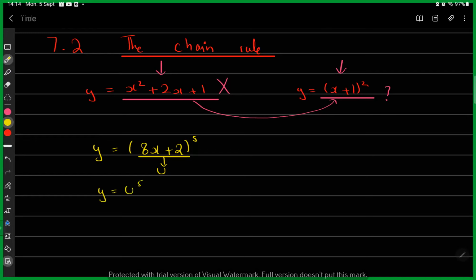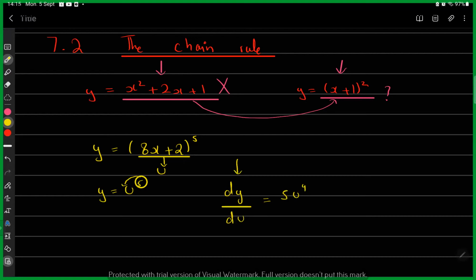And now I certainly know how to differentiate y equals u power 5, right? dy with respect to u is basically going to be, this 5 would come here and it would be u with the power 4, right?